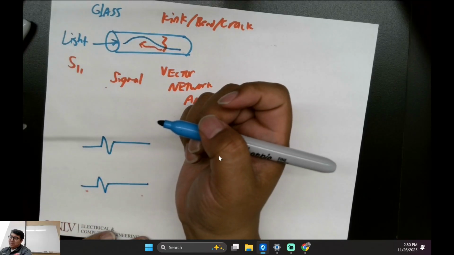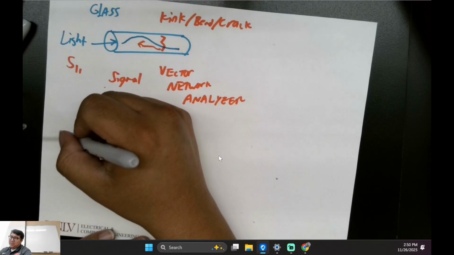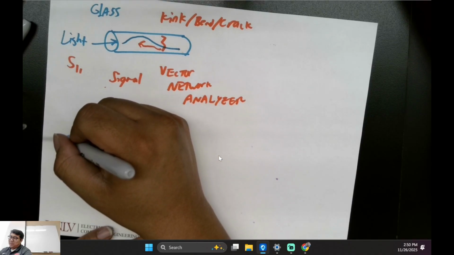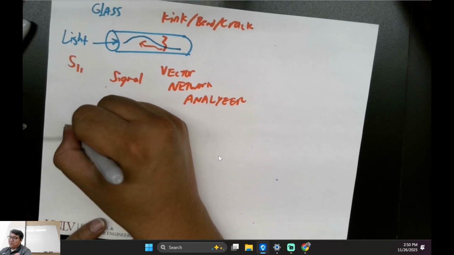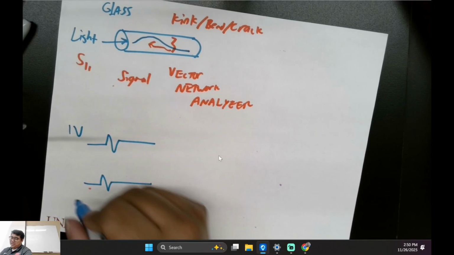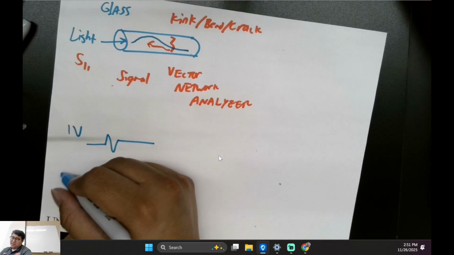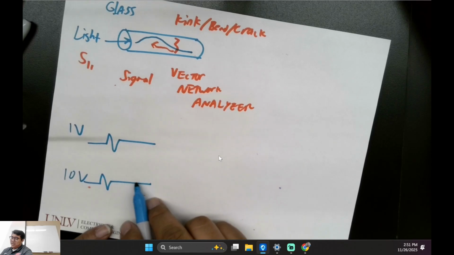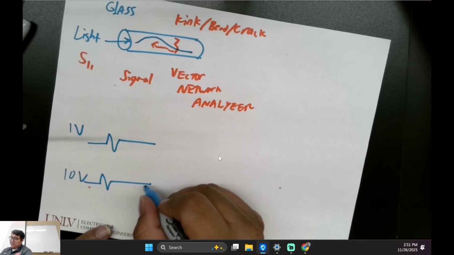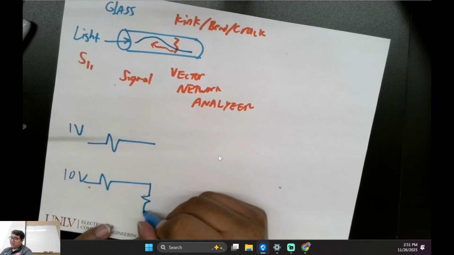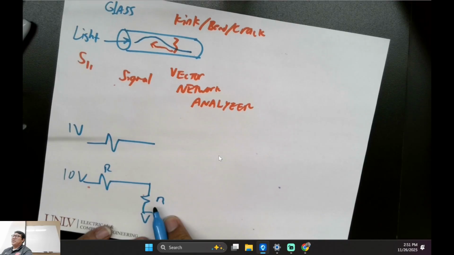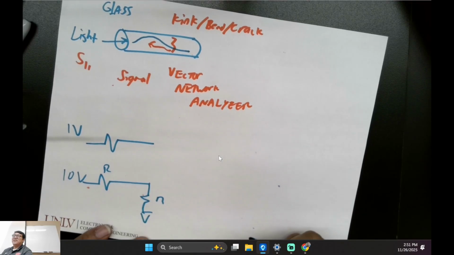Can anyone agree that if I put 1 volt here, and then let's just do 10 volts, whatever, and I do the voltage divider, this is R and R. If it's the same voltage, what's the voltage over here?